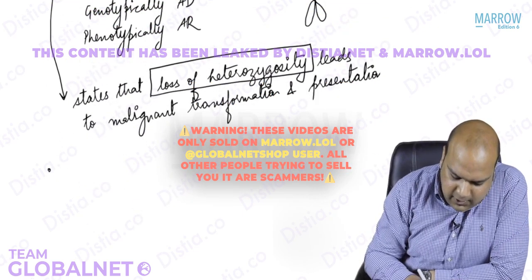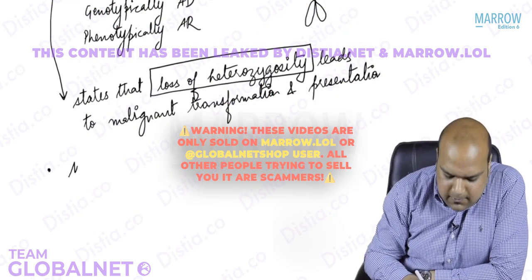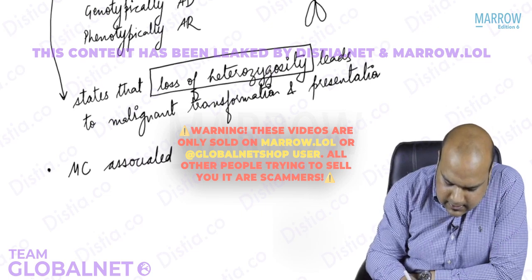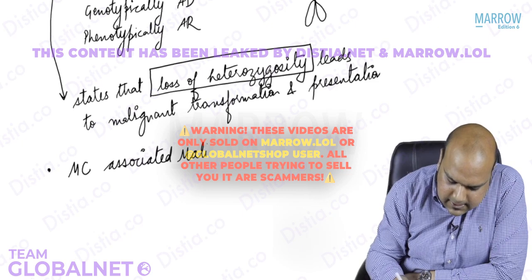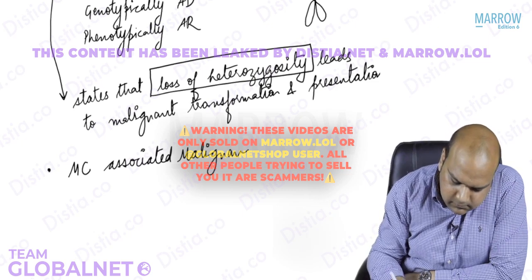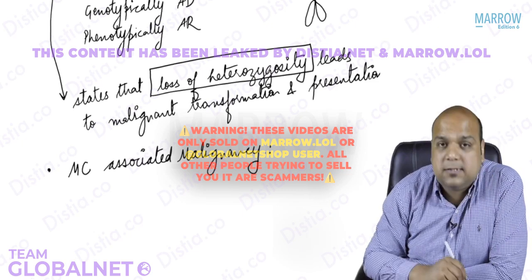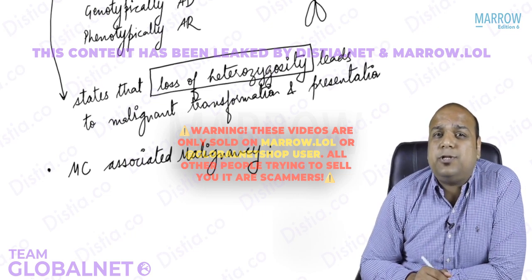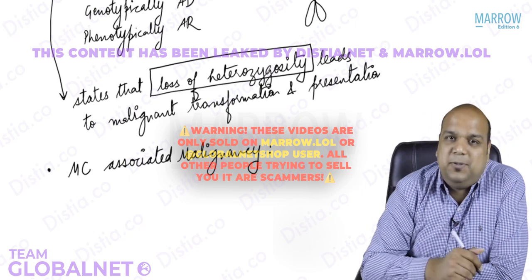A question is very commonly asked: what is the most common associated malignancy? Yes? Usually the answer you will find written in a lot of places is osteosarcoma. That is an absolutely wrong answer.